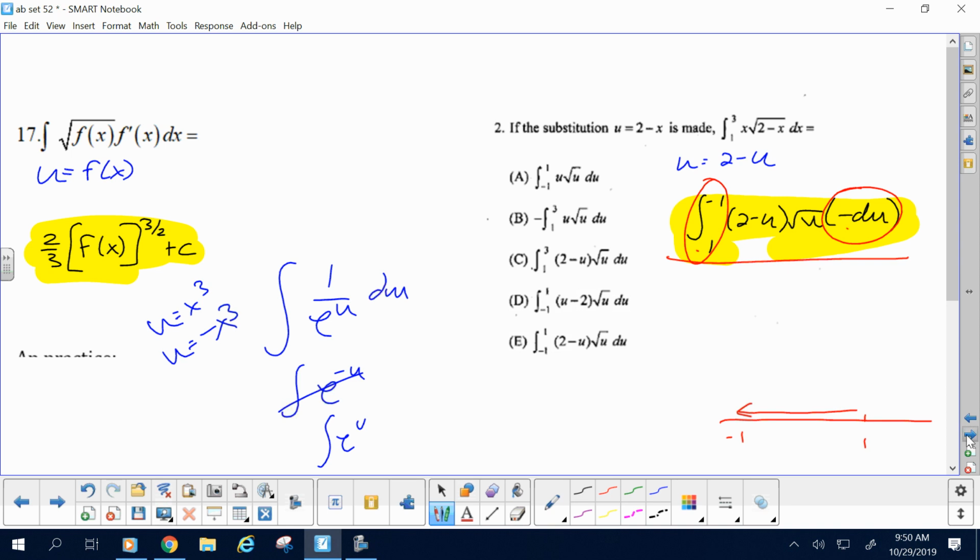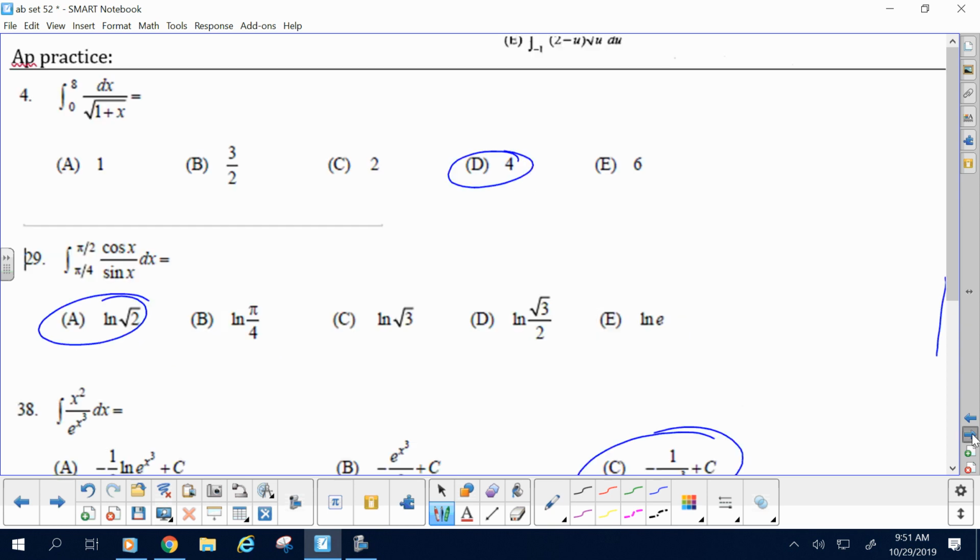These mean take the opposite direction. This means take the opposite direction. So this is actually equivalent to the integral from negative 1 to 1 of 2 minus root u times normal du. Those two negatives really cancel each other out. We'll talk more about that later. You down? All right. If you have this, you're fine. Don't worry about it. Don't mark it wrong.